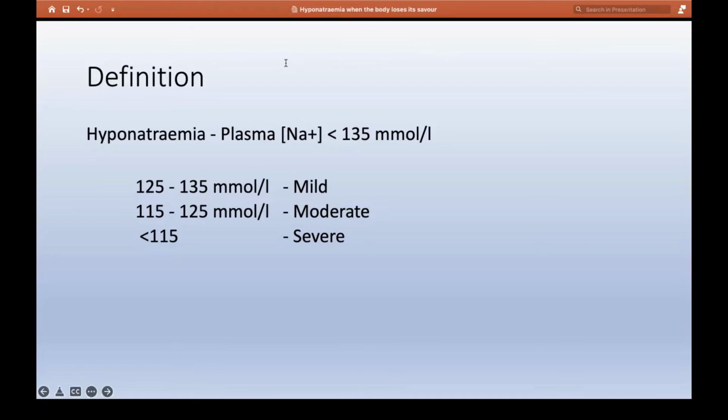Of course, as I will talk to you more in the main part of the lecture, this mild, moderate, severe grading is not just with the value of the sodium in millimoles, but also with regards to the duration of the electrolyte disturbance. So don't be misled by the fact that somebody has a value like this. Always look at the patient as a whole.